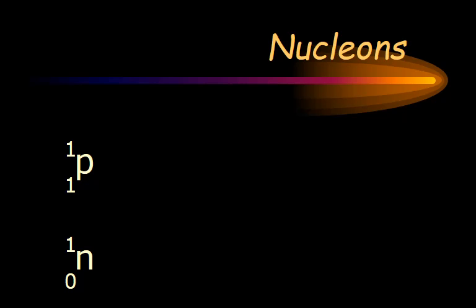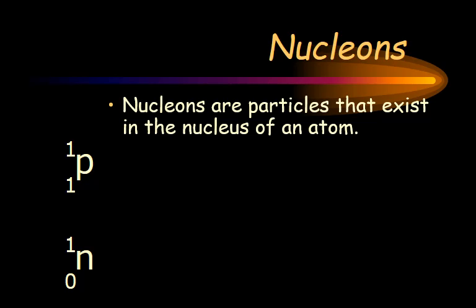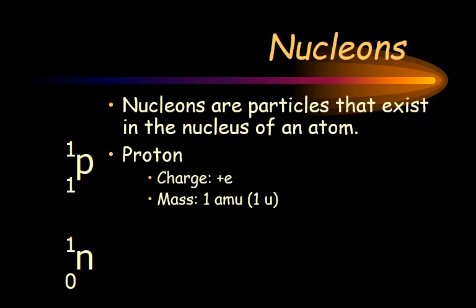Okay, for nucleons, we're looking at what's in the nucleus. We have protons and neutrons, and they exist in the nucleus. We know the proton has a charge of positive e, just one positive e, and a mass of 1 atomic unit.